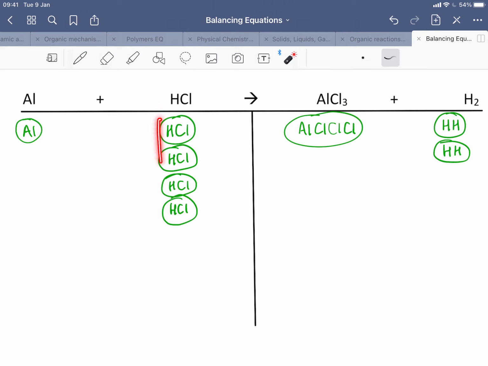Check the hydrogens. I have 4 and I have 4. Great. But obviously I've added a bubble which contains chlorine, so I check those chlorines. So I've got 4 chlorines on the left, but now I've only got 3, so my chlorines are no longer equal. I need to add another bubble that contains the chlorine on the right hand side.